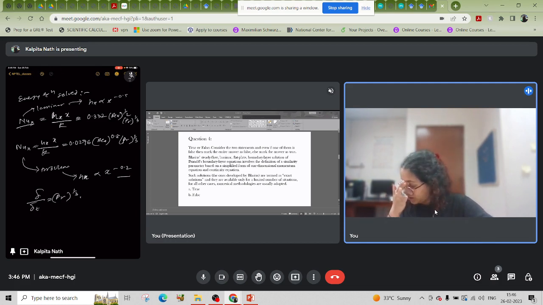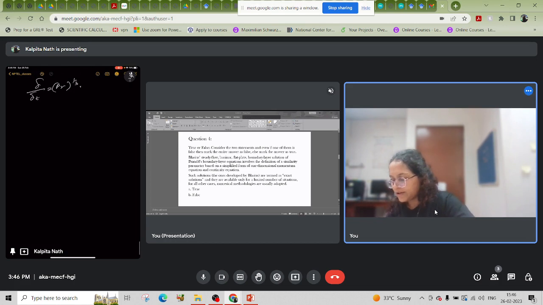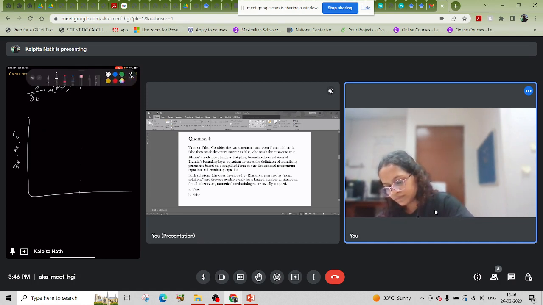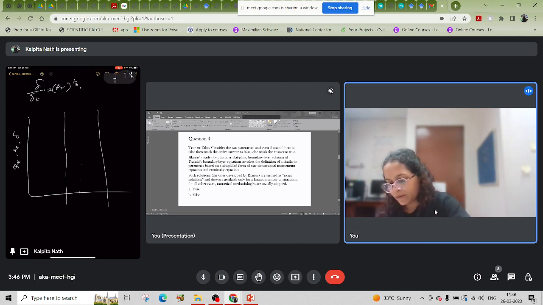Okay, so if we plot the graph of skin friction and h_x, let me show this also. If this is skin friction, h_x and delta. Let us use two colors.